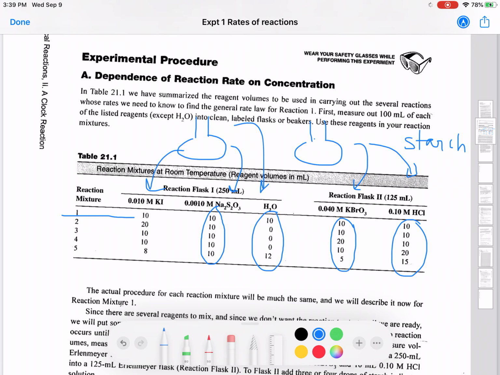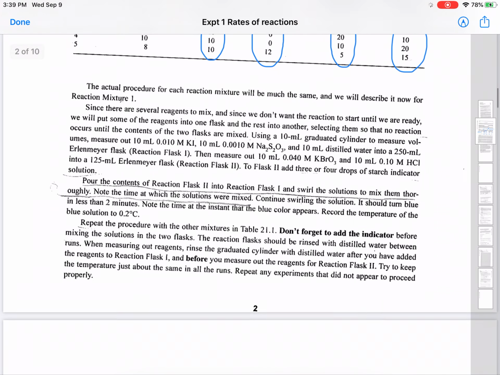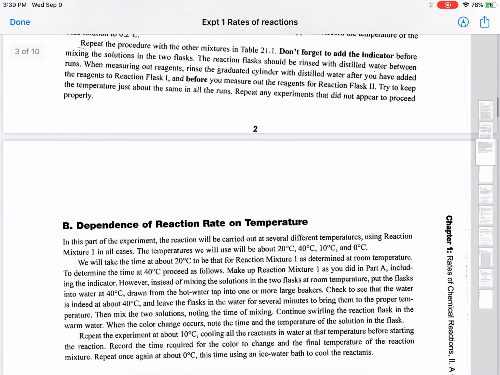First order is when you double the amount of a reactant, and the rate also doubles. For a second order reaction, if you double the amount of the reactant, the rate of the reaction is quadrupled. So we are trying to find out the orders of iodide, bromate and hydrochloric acid in this reaction.